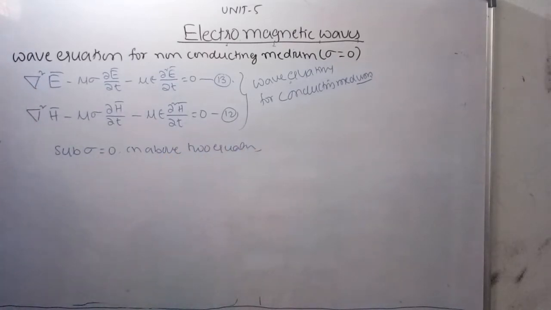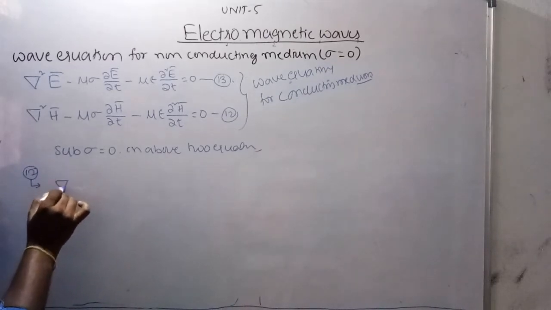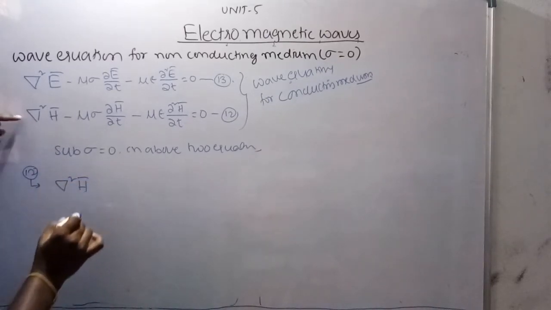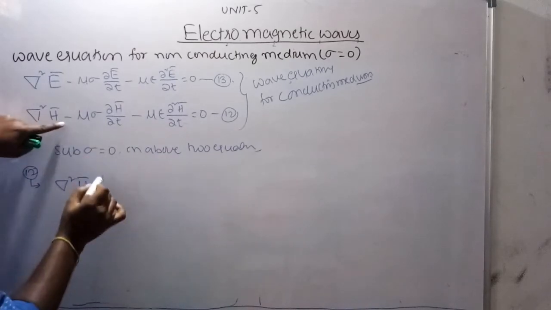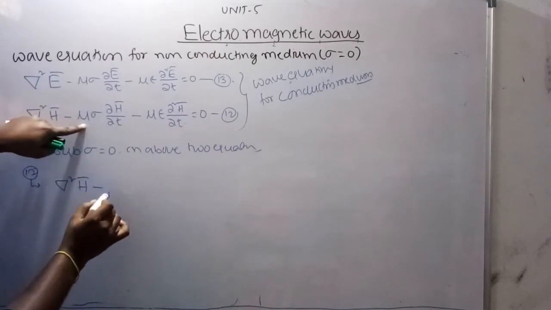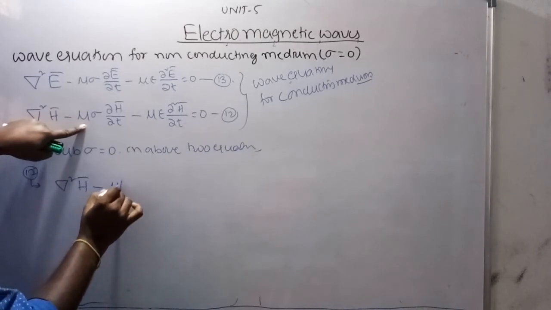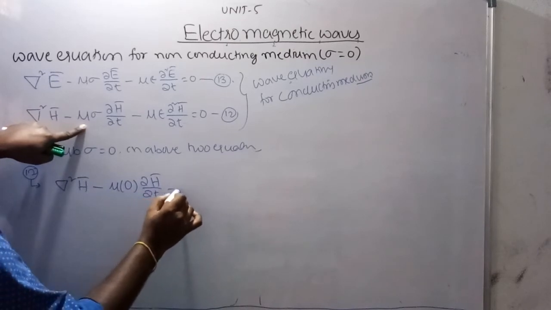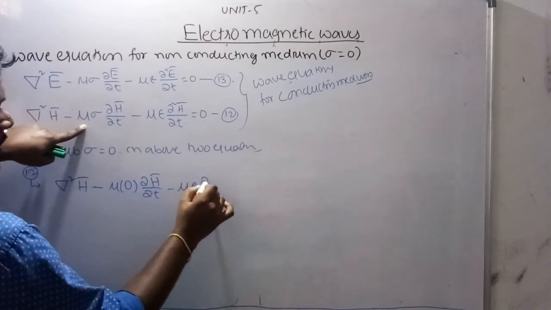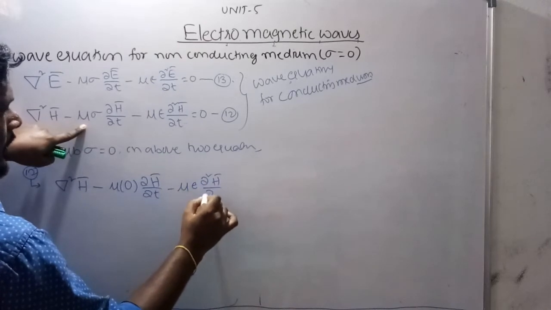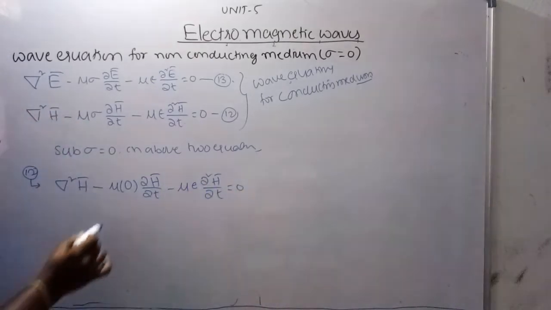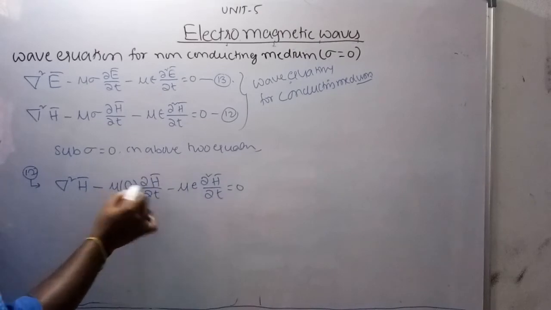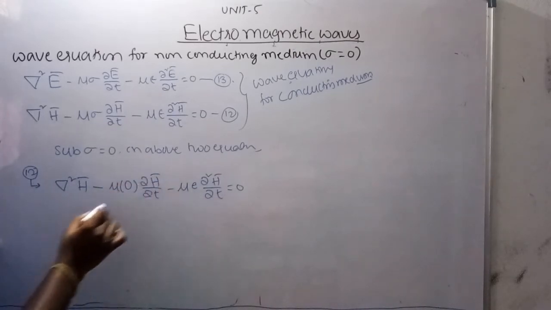If you substitute sigma equals 0 in equation 12, what will you get? Observe equation 12 and write the expression: del square h bar minus mu into 0 times dou h bar by dou t minus mu epsilon dou square h bar by dou t square equals 0. The second term is 0 into something, so the entire term is equal to 0.